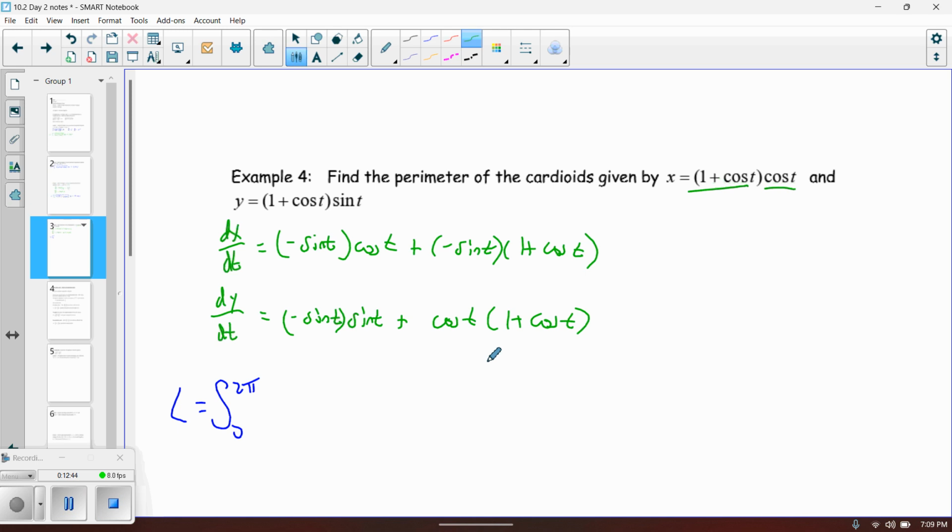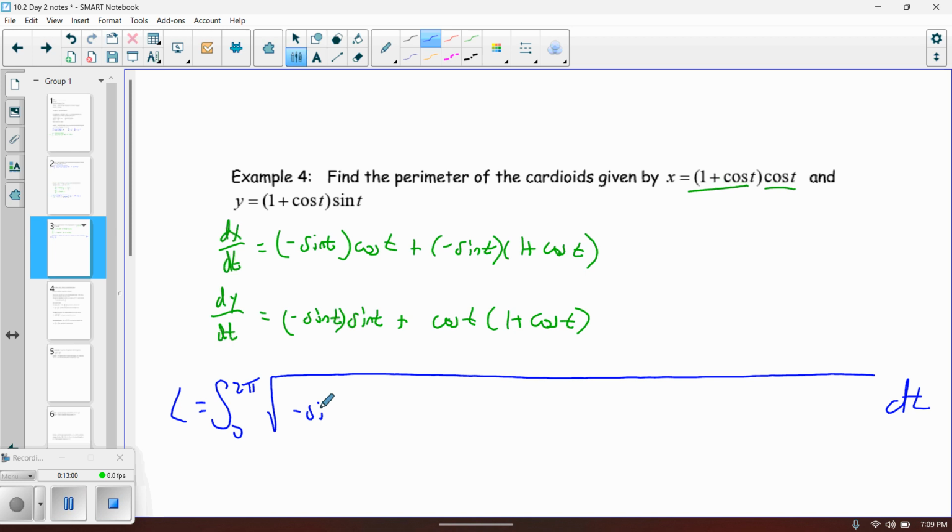That's a lot to put in here. So we are going to integrate the square root of, to leave a lot of space, dt on the end. The first one, all that stuff squared, so that's going to be negative sine t cosine t minus sine t, distributing that, minus sine t cosine t, all that squared.